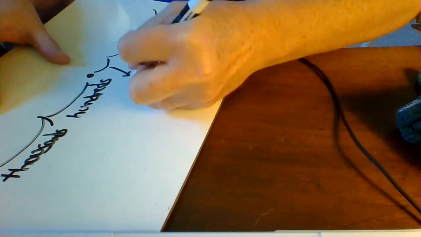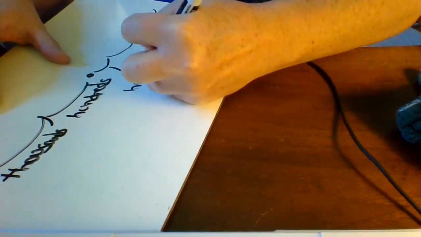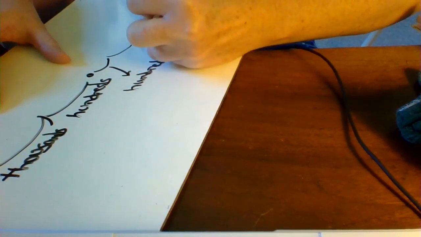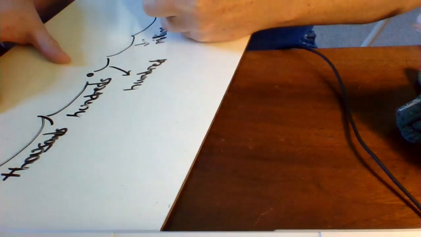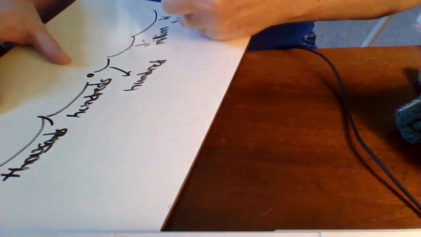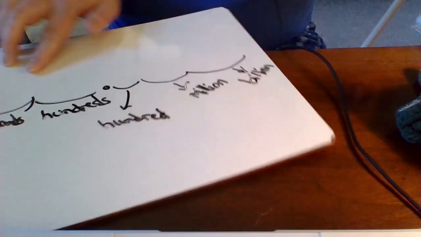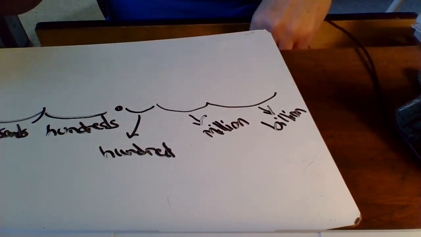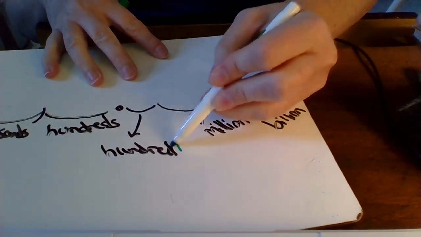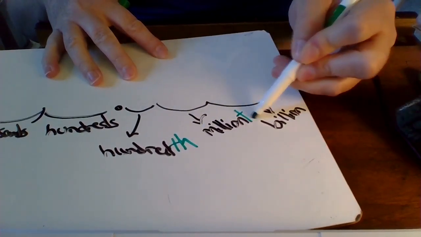And then here we have hundredths, millionths, and billionths. And I did not put the TH on there because I want to use a different color to really make that stand out.